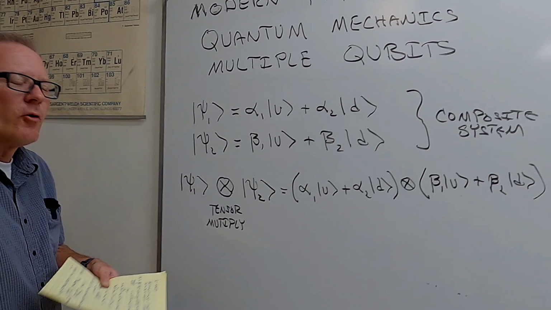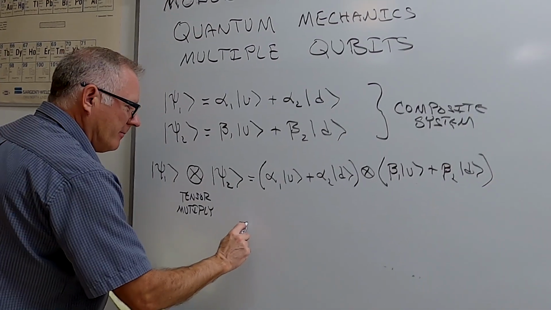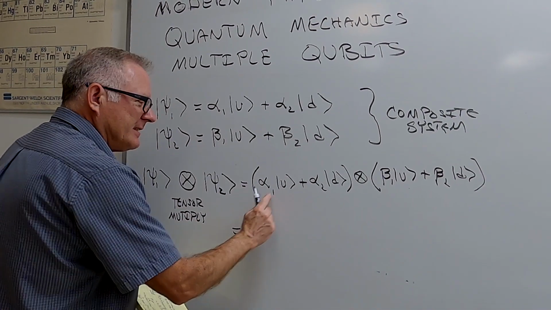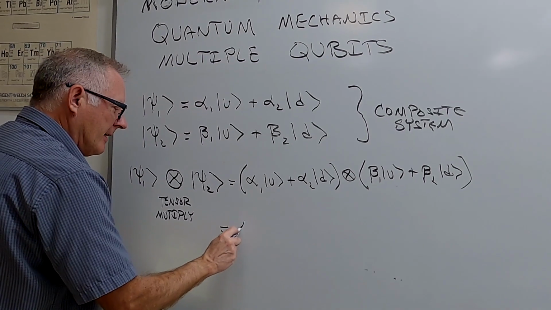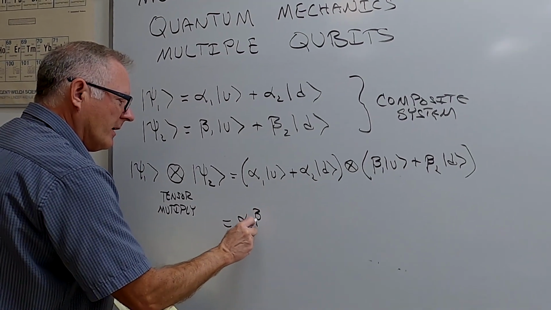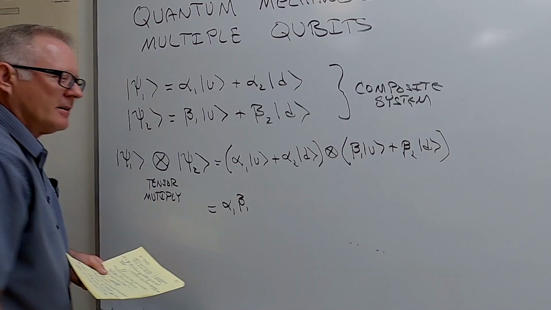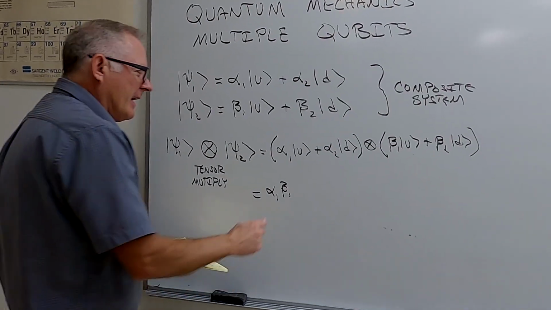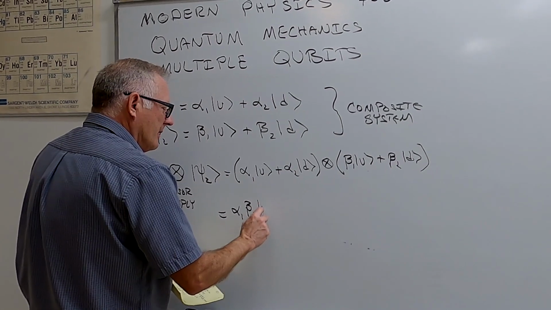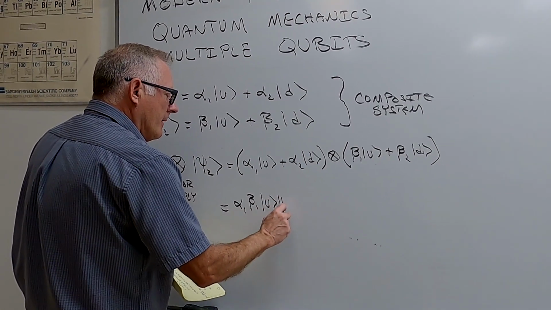You still FOIL it out, just like you did before. So this times this is alpha 1 beta 1, except when I tensor multiply, it really becomes up, up.